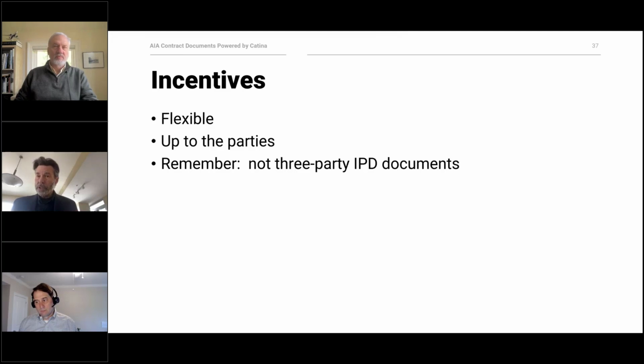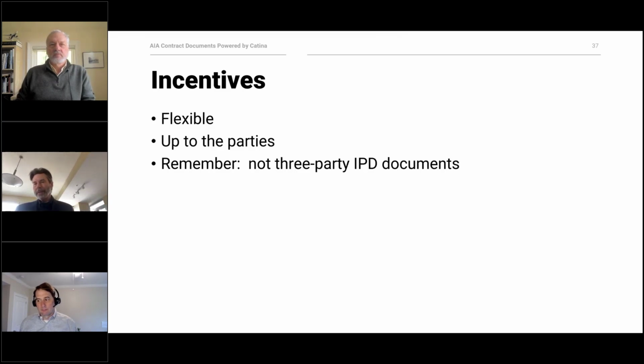By and large, those incentives are disincentives. They're not necessarily written in a way to encourage you to do something because something good is going to happen to you. It's more or less that it discourages you from doing something bad because something bad is going to happen to you if you do.